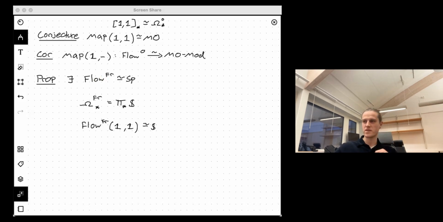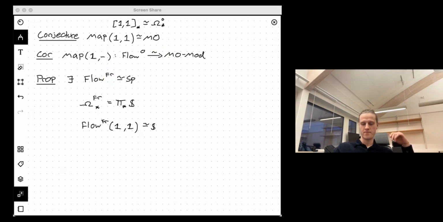So maybe that's the final slogan of today, that flow categories kind of categorify the Pontryagin-Thom correspondence to give you lots of equivalences like this.